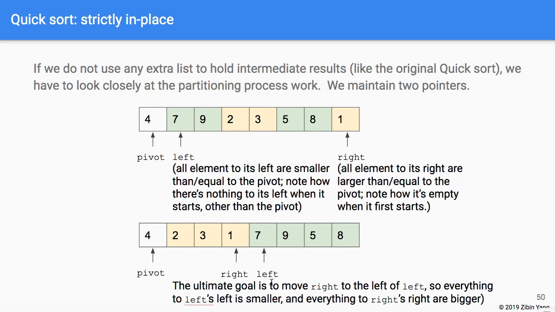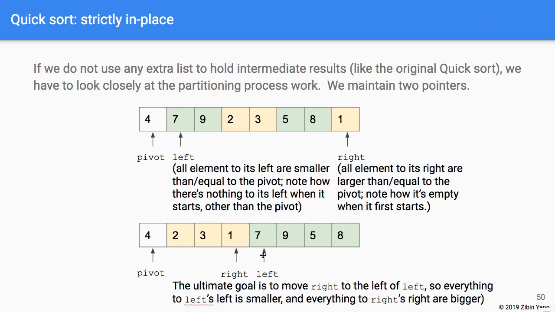And then at the end, when the right pointer gets to the one position left of the left pointer, then we would know that we are done partitioning all of the elements. Because everything to the right of the right pointer, the green part, are all the elements that are bigger than the pivot.